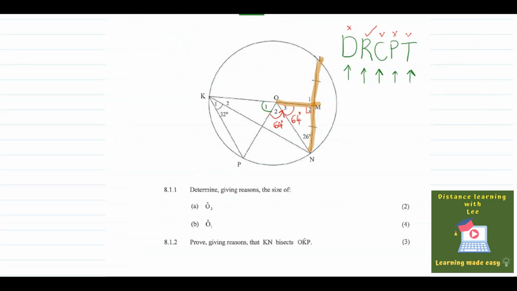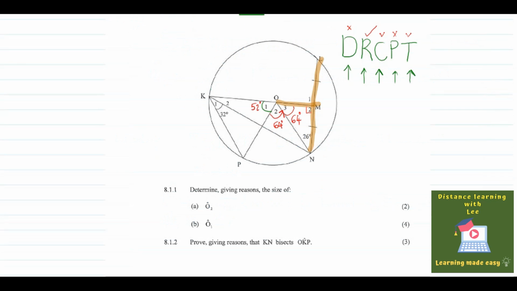So I'm just going to add that to my diagram, and we found that our O1 is equal to 52 degrees. Okay, we are done. Next question.